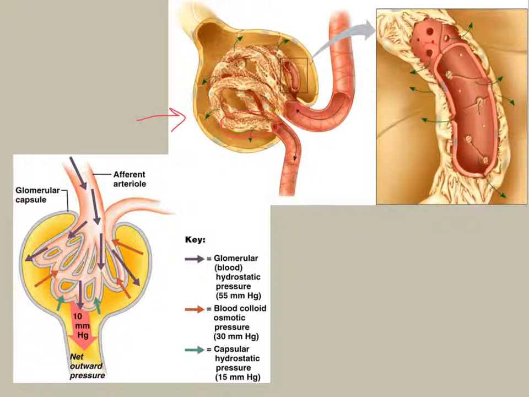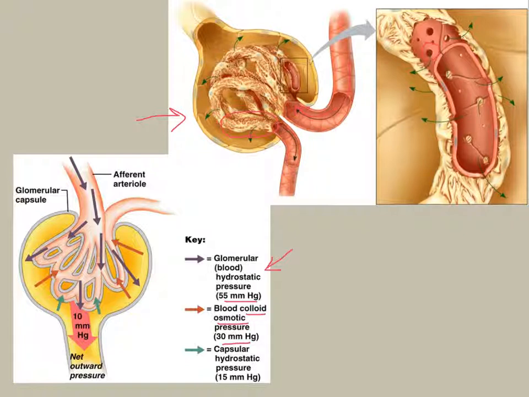Filtration happens by pressure, if you remember. The blood going into the system here has a hydrostatic pressure of about 55 millimeters of mercury. And the colloid pressure, the osmotic pressure that's kept by the albumin, which does not go out through these little holes, draws some liquid back in at about 30 millimeters of mercury.